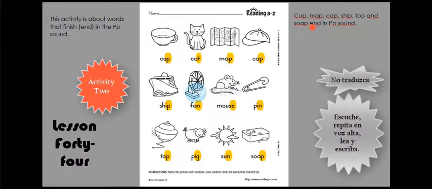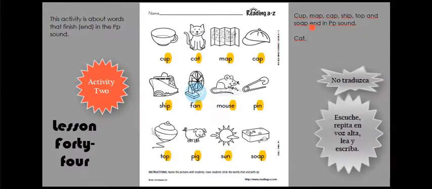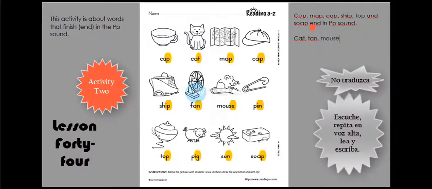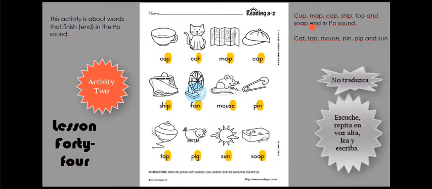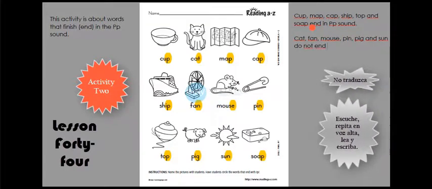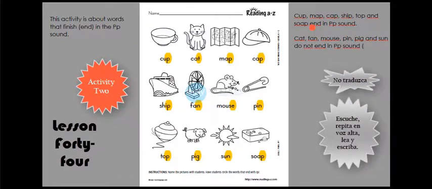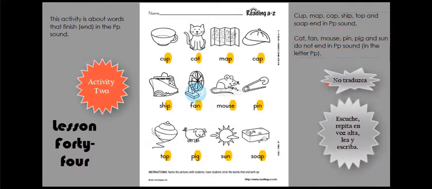And the other sentence about words that do not end in P sound is cat, fan, mouse, pin, pig, and sun do not end in P sound or do not end in the letter P. Let's say that again.